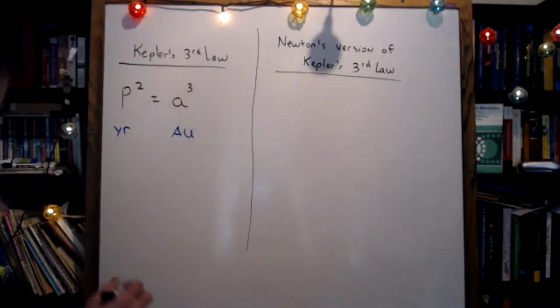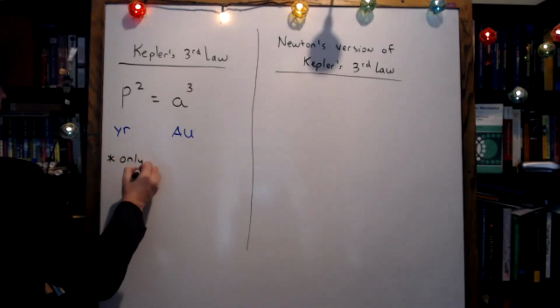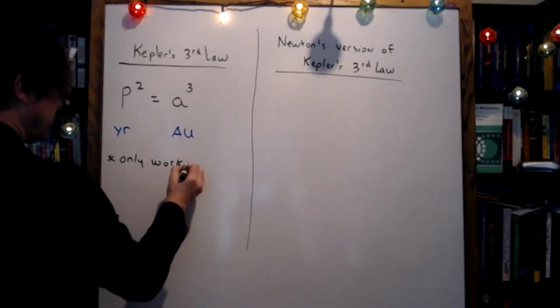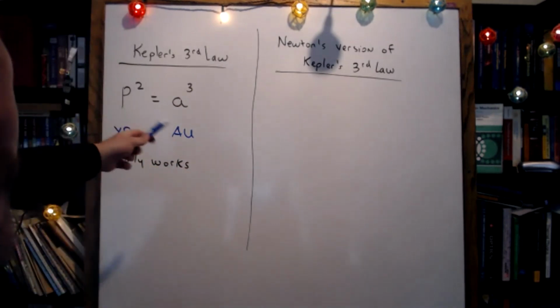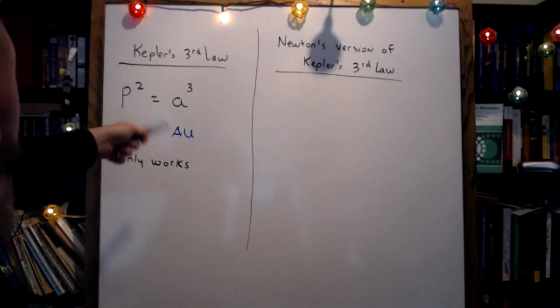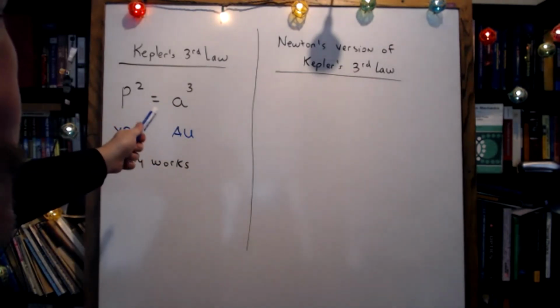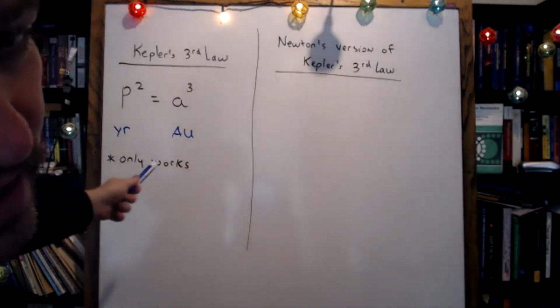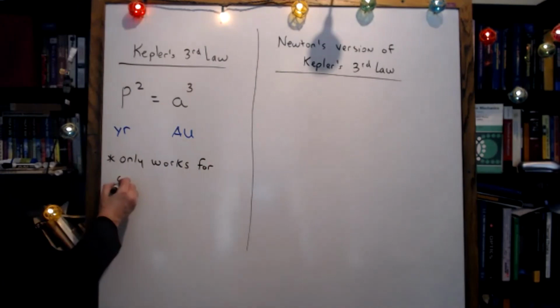Now here's where I'm going to tell you something new. This formula only works, if you were paying close attention to my lecture on Monday, you'll remember that Galileo lost respect for Kepler because Kepler asked him to try P squared equals a cubed for the moons of Jupiter, and it didn't work. That's because this only works for orbits around the sun.